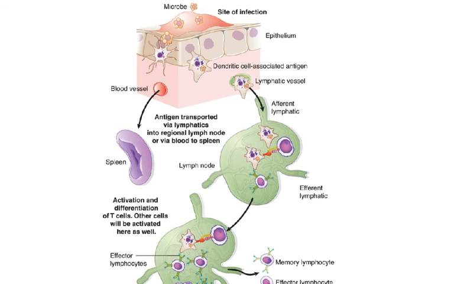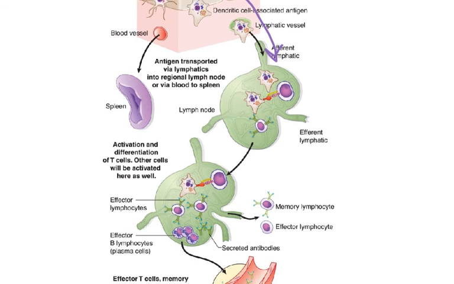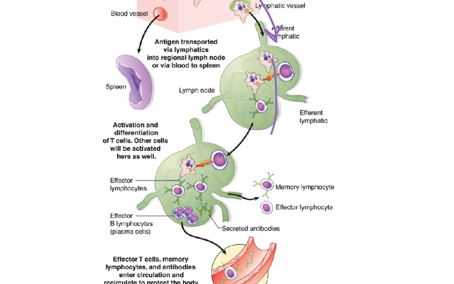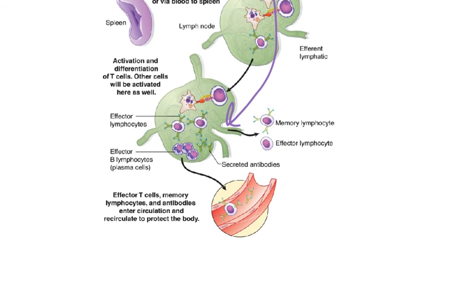And if it's in the tissues, it's going to go through the lymphatic vessels, which kind of have a closed off end at the tissues, but it's very permeable, so it's going to let fluid and pathogens in through it, and it's going to go toward the lymph node. And in the lymph node, the various immune cells are going to get activated. So this is activation. And then these are going to be able to go and launch their response.